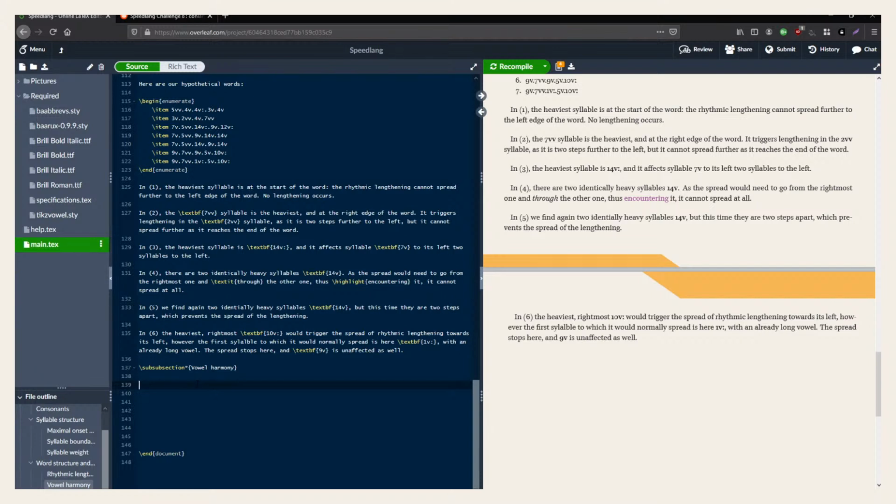Consonant harmony, I mean, why not? I've spotted a typo here. I have a very good eye for typos 10 minutes after I make them.